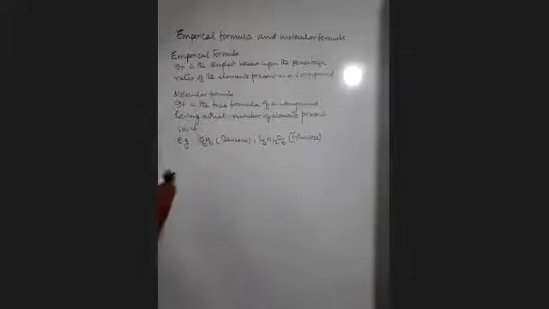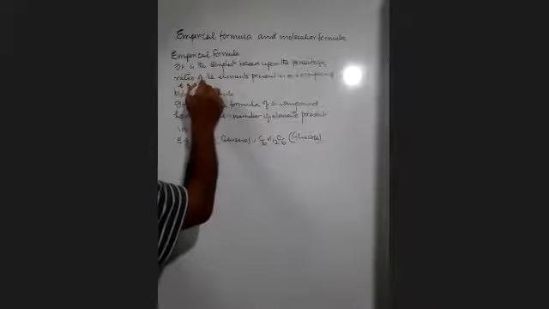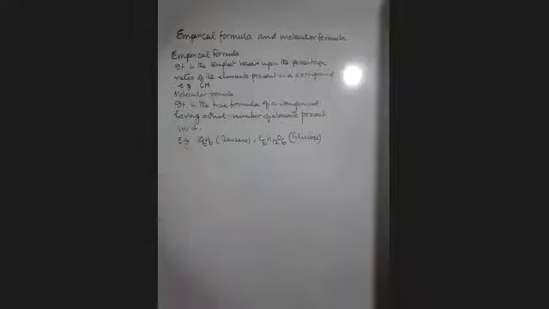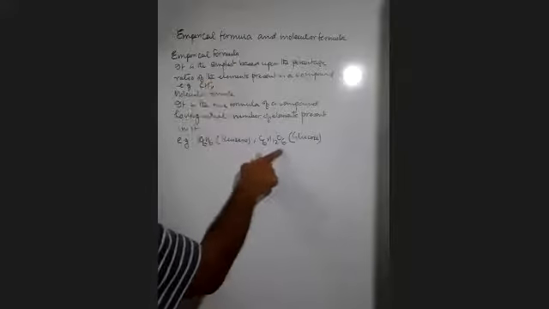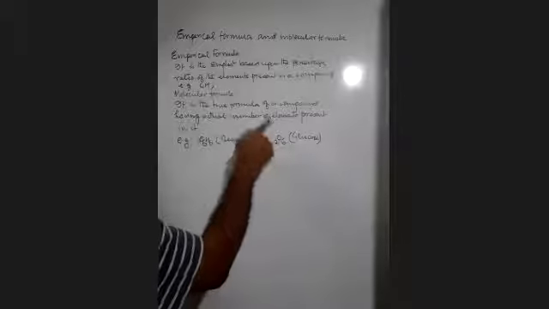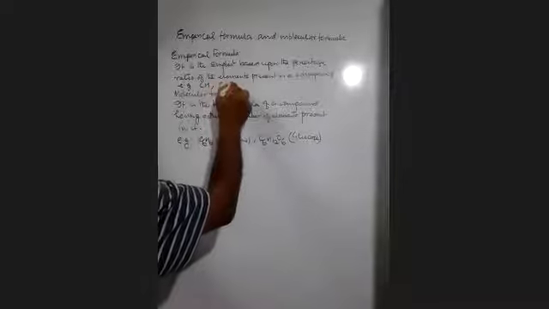Do you have any doubt? Now, what is the empirical formula here? Empirical formula of benzene is CH. See, 6:6 means 1:1. What will be the empirical formula here? 6, 12 is a multiple of 6, and this is 6. This will be CH2.